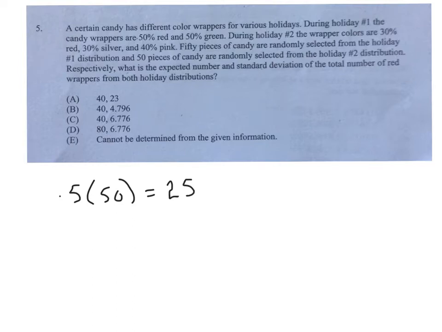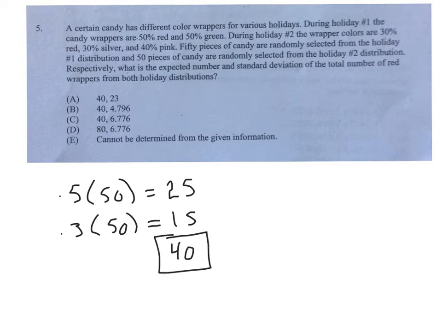Now in the other sample, only 30% were red. Well, if you take 50 out of that, how many would you expect to be red? Well, 30% of 50 is 15. Now, add those together, and from the two samples, you should expect to have 40 red wrappers. Okay, well, you know what? That really helps us because we can now cross off these two choices.